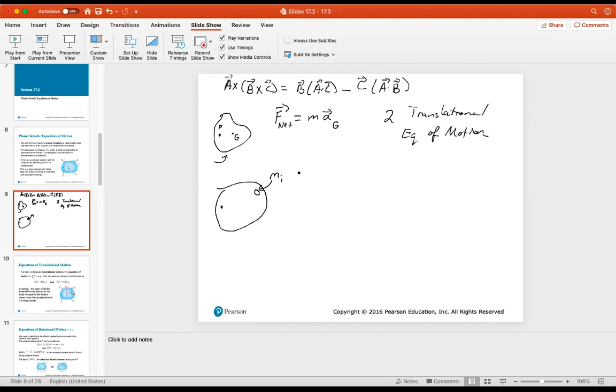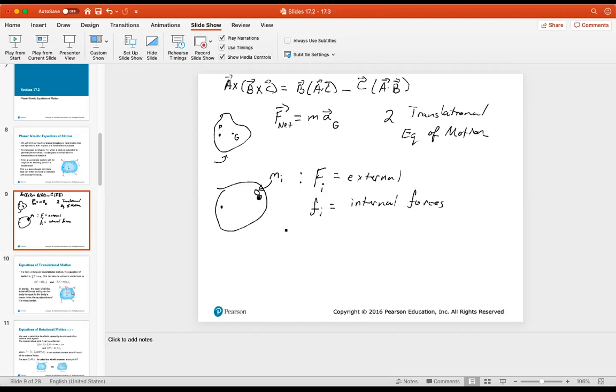Well, the forces on this little mass could come in two basic types. You could have external forces. I'll write those with capital letters. And you could also have internal forces. I'll write those with lowercase letters. Internal forces might be forces coming from the neighboring little blobs of mass pushing on mass i.